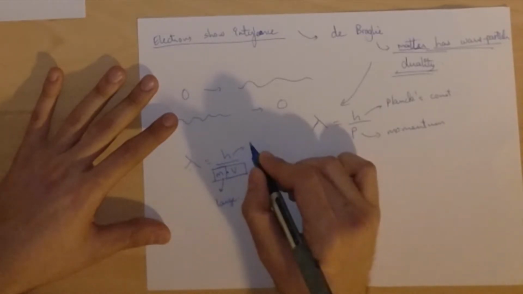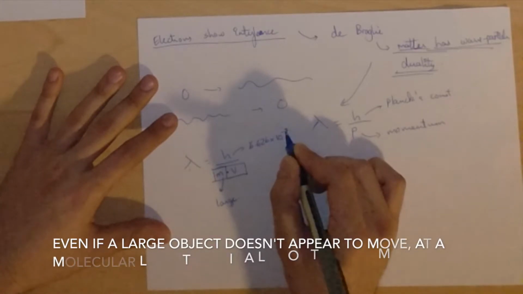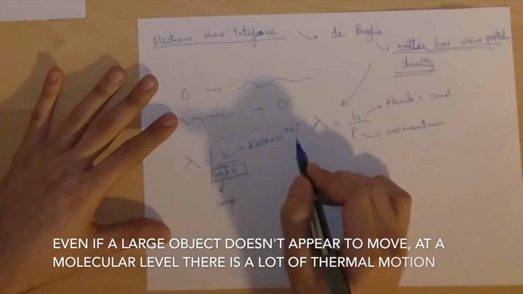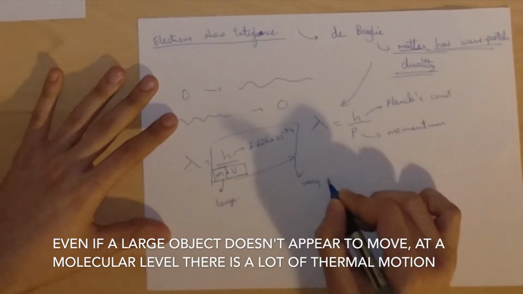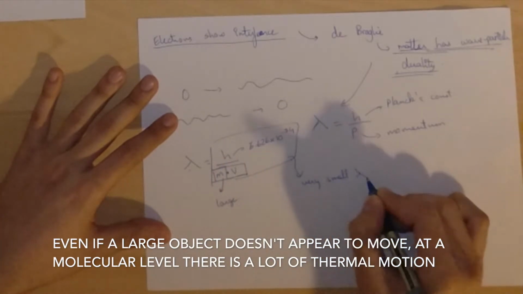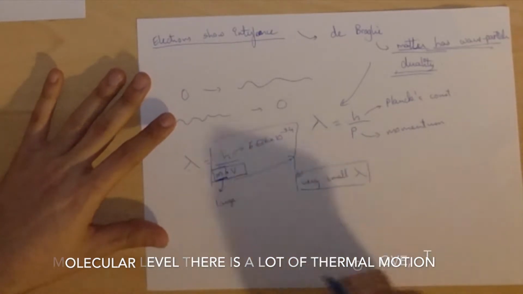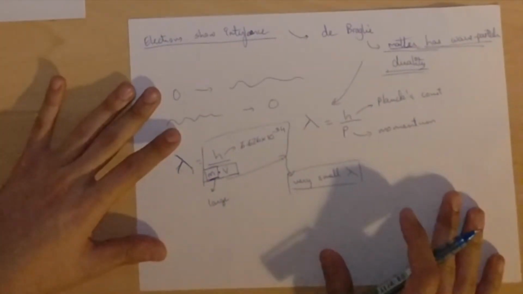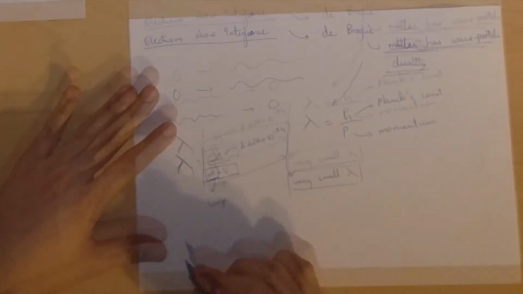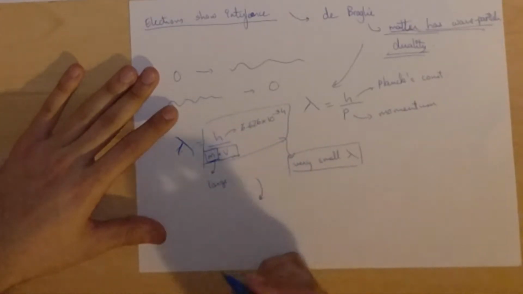And because this value is so small, 6.626 times 10 to the power minus 34, the wavelength associated with this wave is very small, because it's quite a big object. So you don't really see it as a wave. And this will make more sense when we look at what Heisenberg came up with.